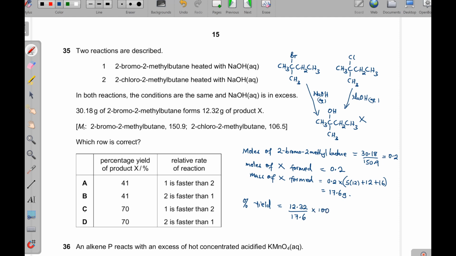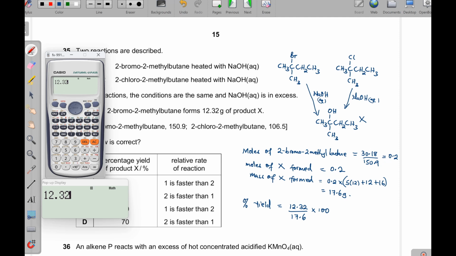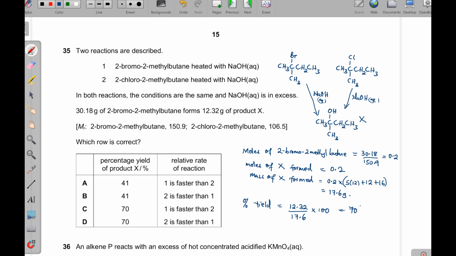So what do we get here? 12.32 divided by 17.6, then times 100. This one gives us 70%, which is here. Remember, we are looking at option 1, A and then C, but this one has given us 70%. So that means our answer is C.